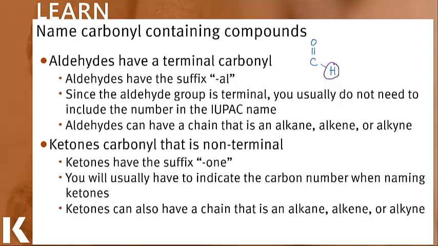Ketones, on the other hand, have a carbonyl that is non-terminal. What this means is the carbonyl carbon is somewhere in the middle of the chain, meaning that it has at least one other carbon on each side of that carbonyl carbon. Due to the fact that it's in the middle of the chain, we're going to have to indicate the carbon number that the carbonyl is on when we're naming our ketones.